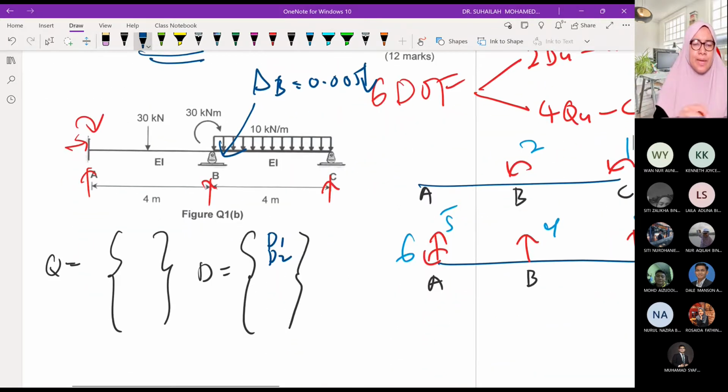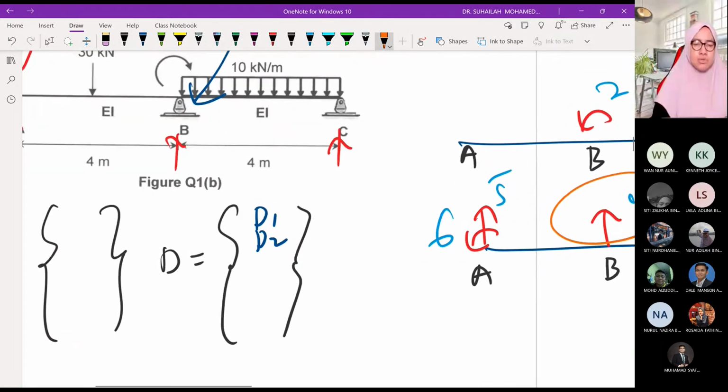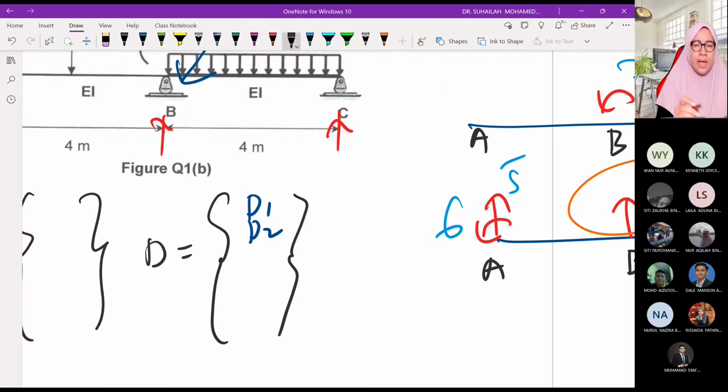Okay. So what label do we use at B? The label we use at B is 4. Okay, 4. So at position 4 the value is negative 0.005.